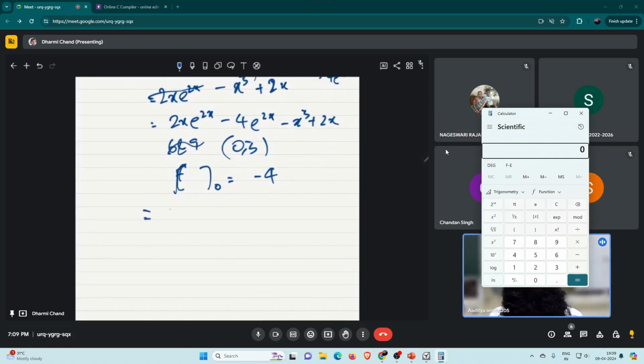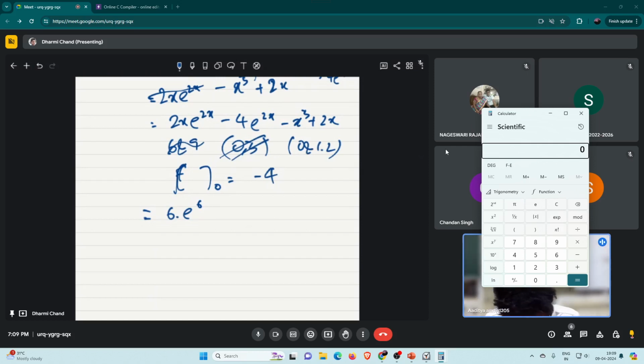I'll get 6 into e power 6. Oh, this is also very, very, very high. Or what I'll do is I'll take 0 and 1.2. Okay, so I can split it into 6 segments, and each of them would be 0.2. So h is 0.2.